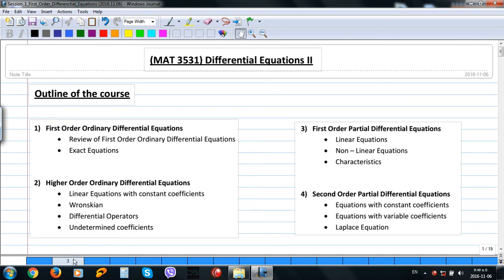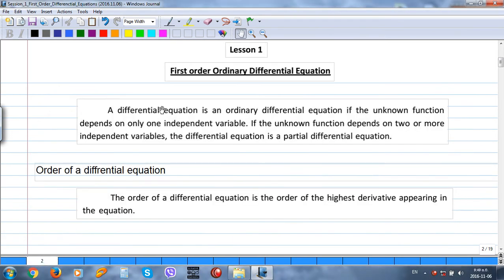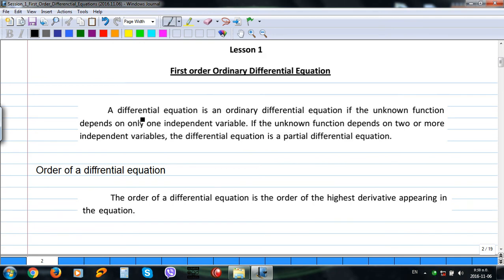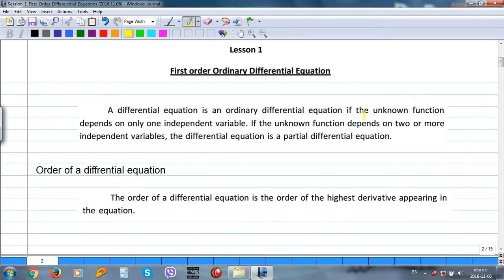So we will start the first lesson, that is lesson 1, first order differential equations. A differential equation is an ordinary differential equation if the unknown function depends only on one independent variable.